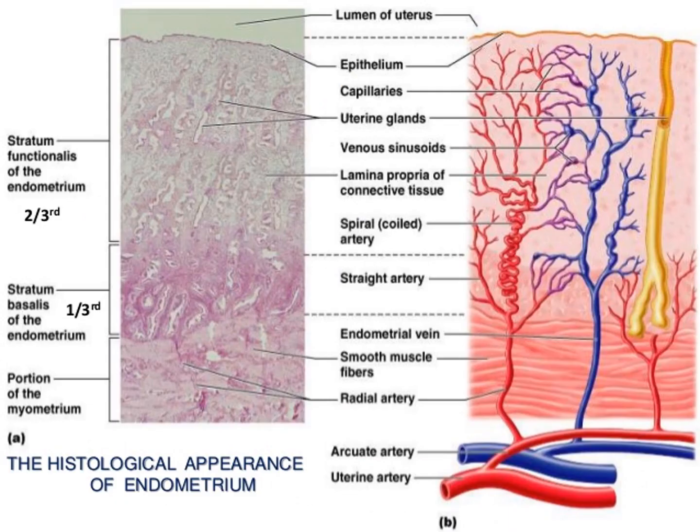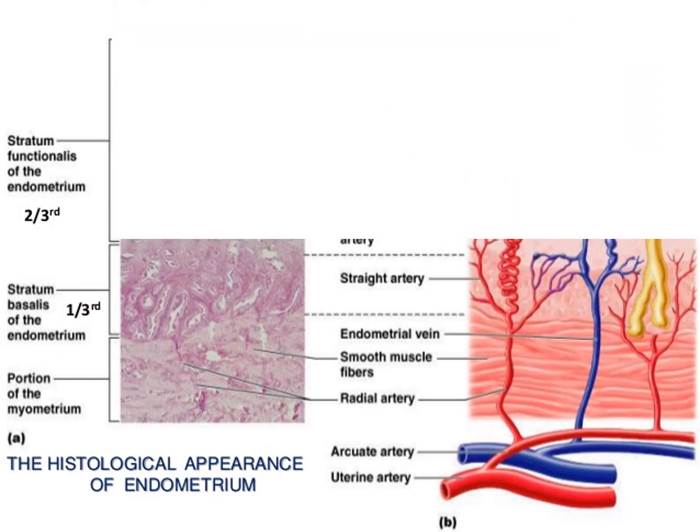So here I need you to compare from this figure: this is the stratum functionalis, and this is the stratum basalis. In the menstrual cycle, yes, it will appear like this. Here, the stratum functionalis will shed off during menstruation and then be reformed again in the new menstrual cycle.